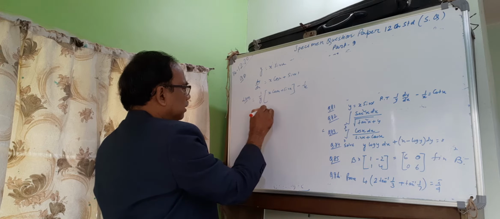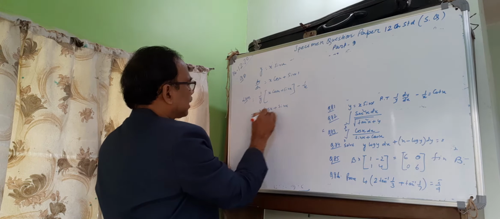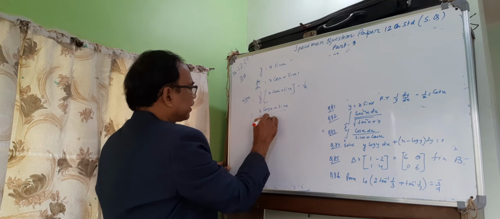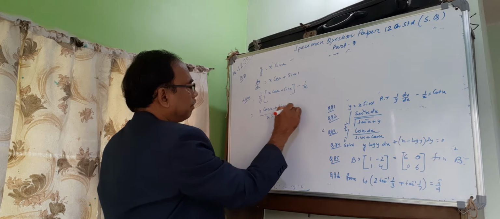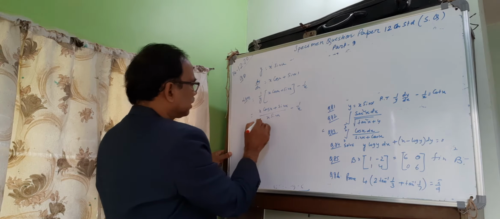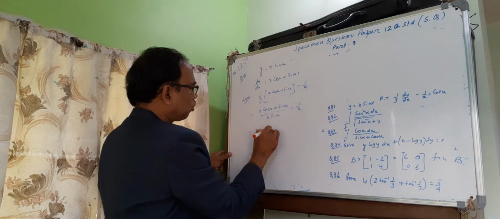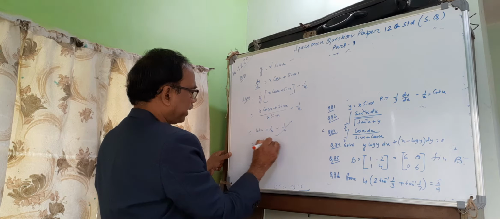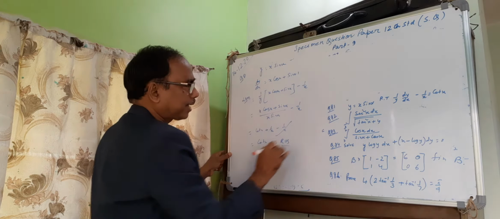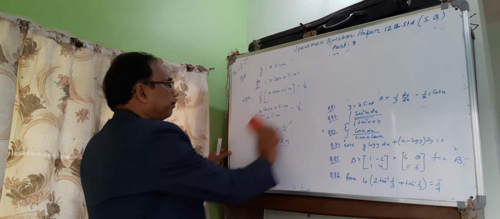That is x cos x plus sin x, with y being x sin x, minus 1 by x equals cot x plus 1 by x minus 1 by x cancelled. That is cot x, the right-hand side. That is proved.